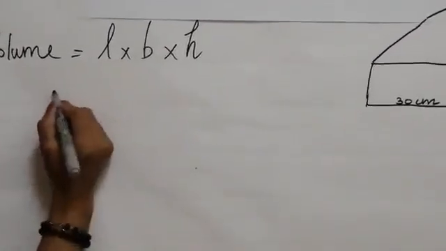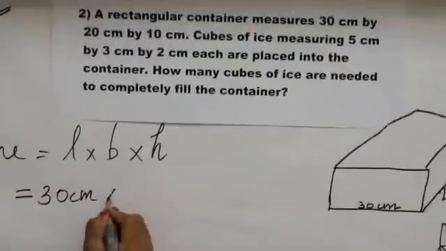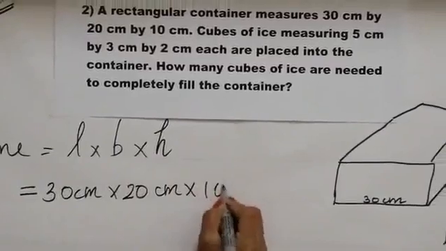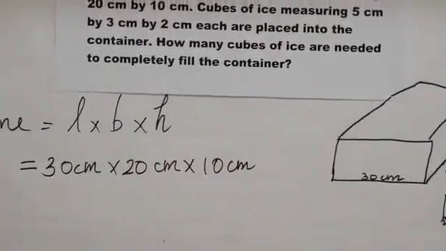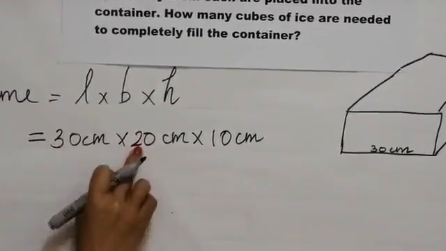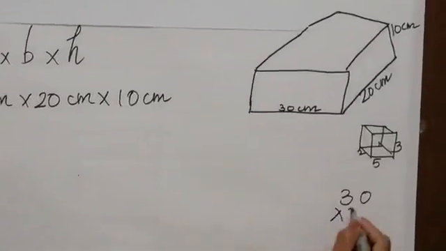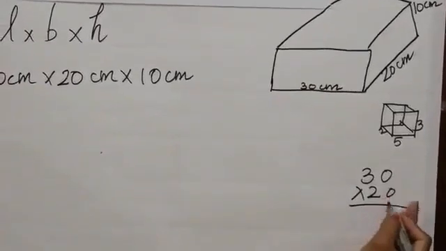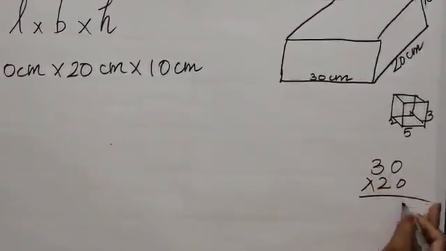Now we will apply the numbers here: 30 centimeter, 20 centimeter and 10 centimeter. So 30 multiplied by 20. Here you can do the workings. If the numbers end with 0, you just multiply the numbers and add the 0s.